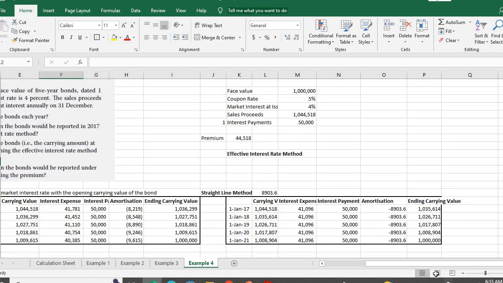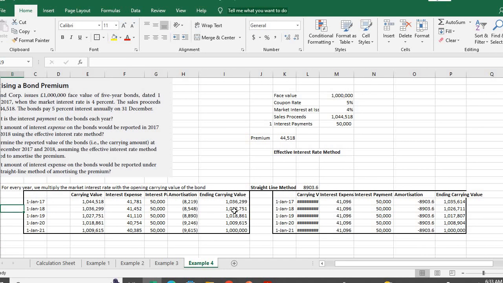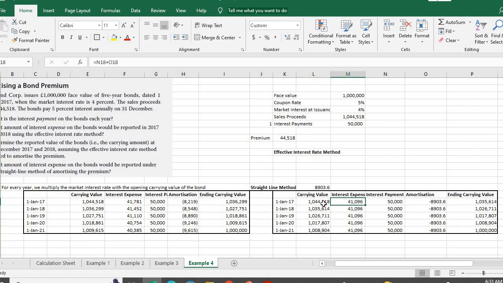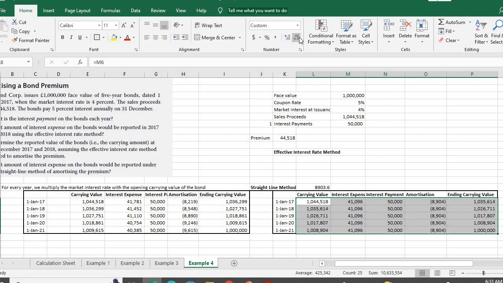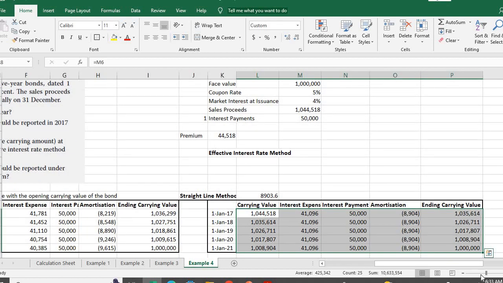So basically comparing both these methods side by side, let me just format this a bit. So side by side we can have a look here.